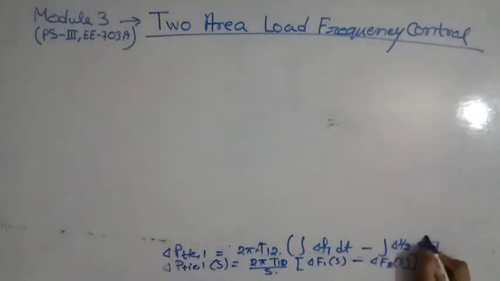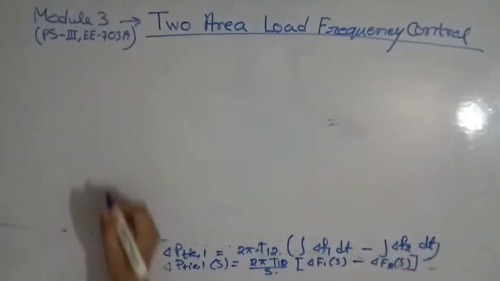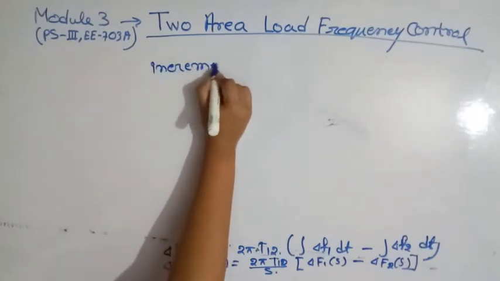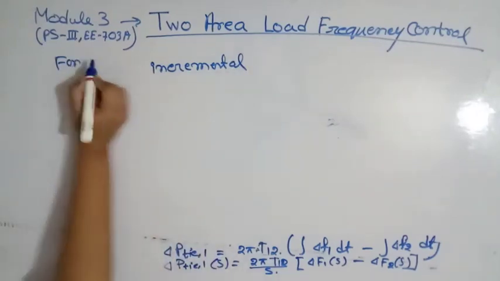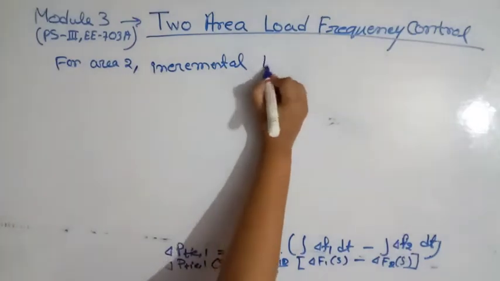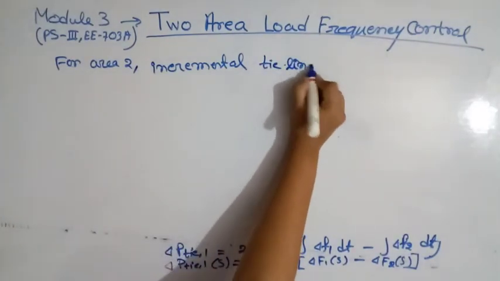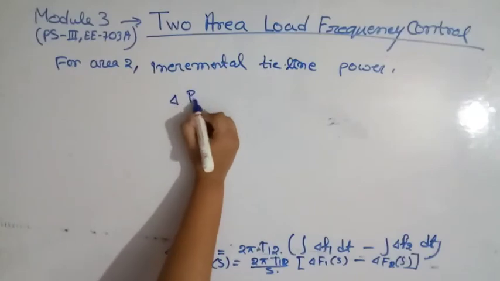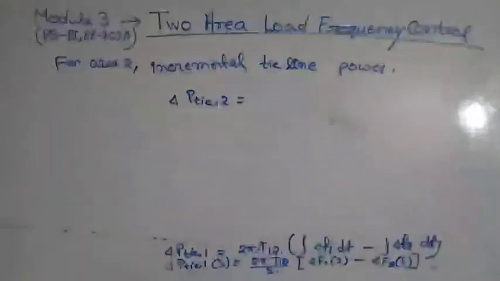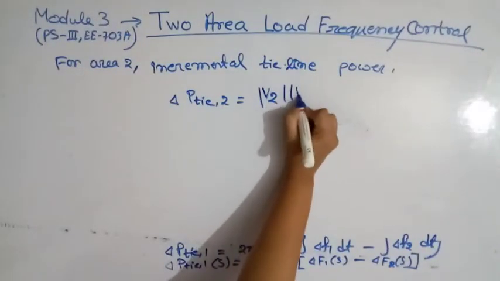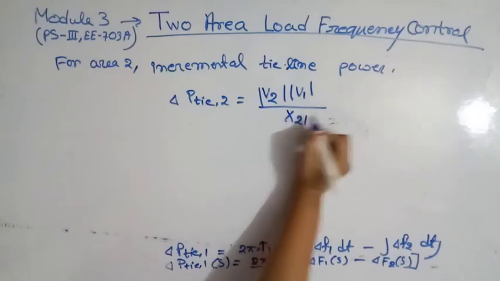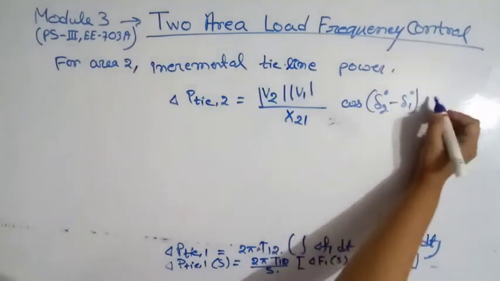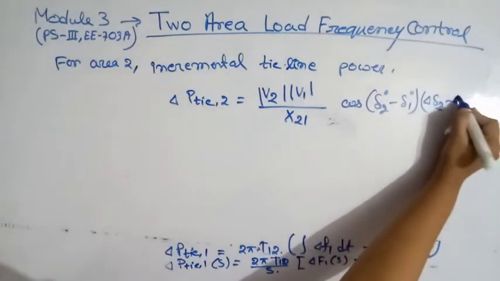Now similarly for area 2, the incremental tie line power is delta P tie 2 equals V2 V1 by X21 cos delta 2 minus delta 1 times d delta 2 minus d delta 1.